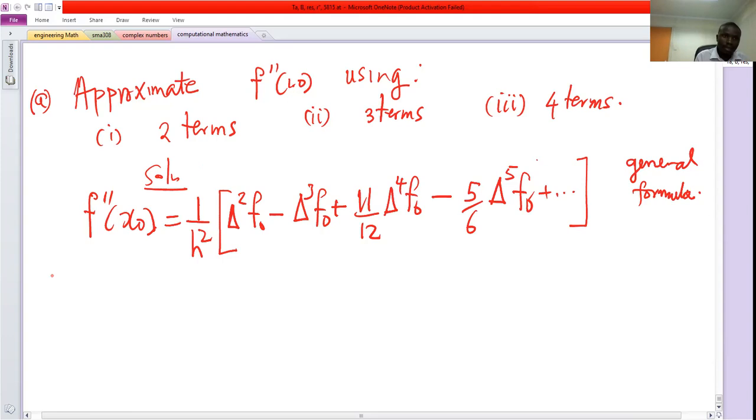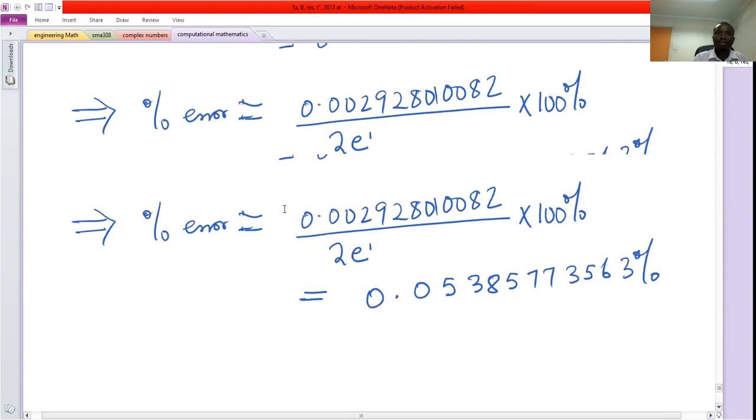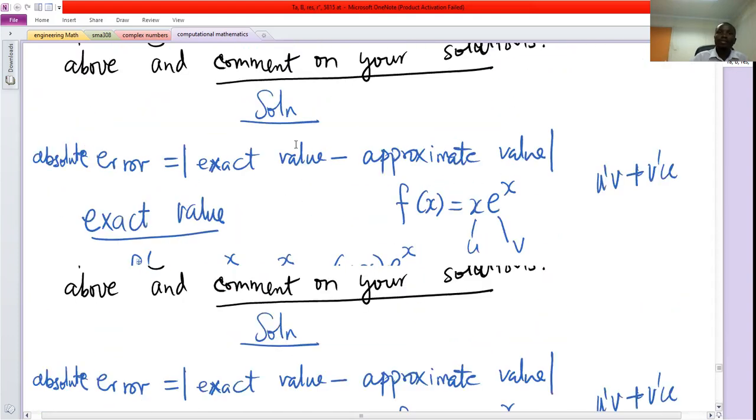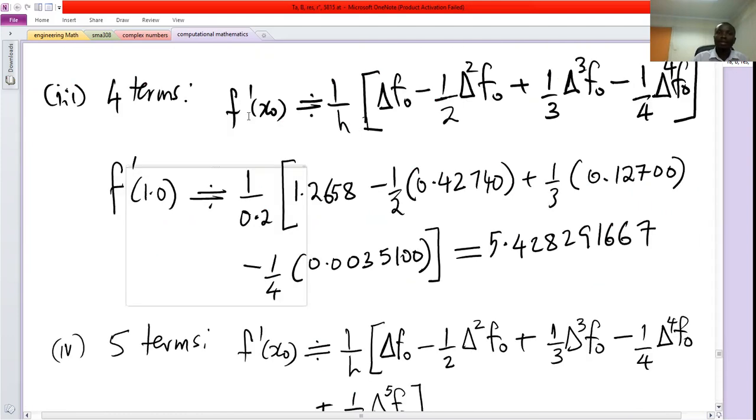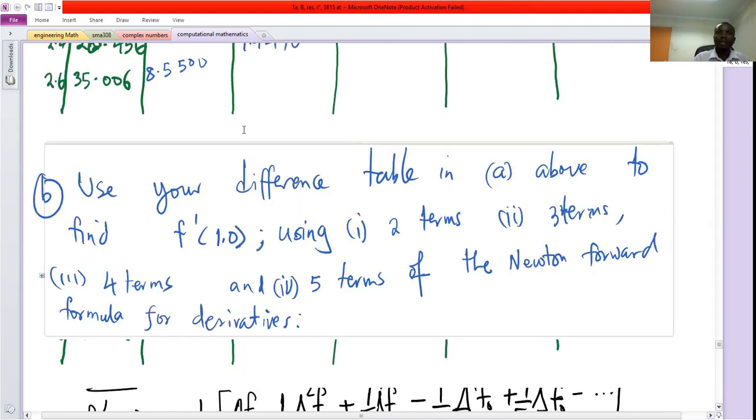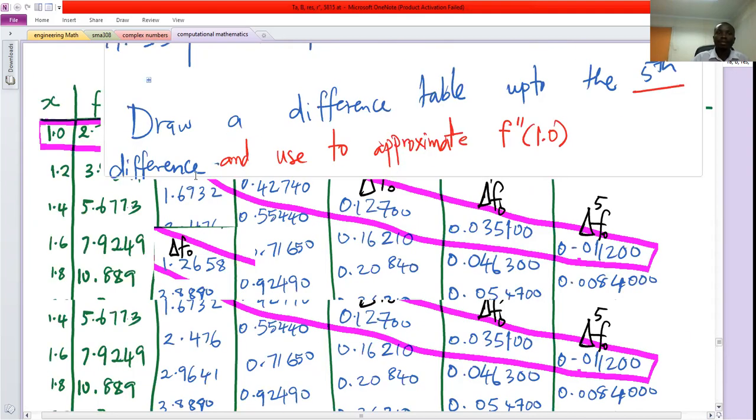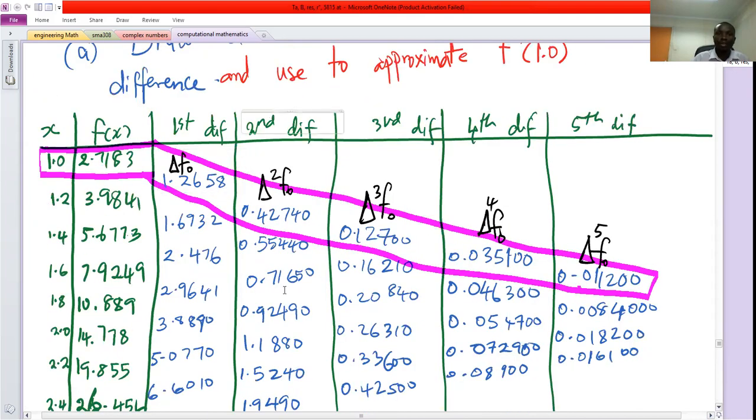So the first two terms means f double prime at 1.0 will be approximated by 1 over, now in that table, the difference between consecutive x values is 0.2. So we'll have 0.2 squared into, now this is the second forward difference, that's what is in the question. Let's go to the table and see how to read that value. This is our difference table. This is the column where we have the second difference.